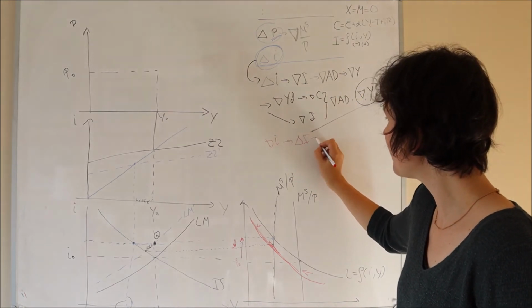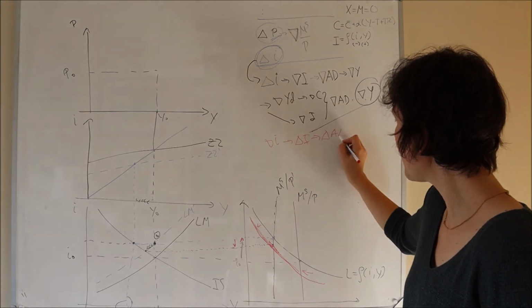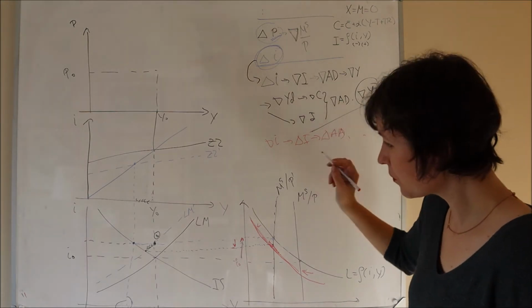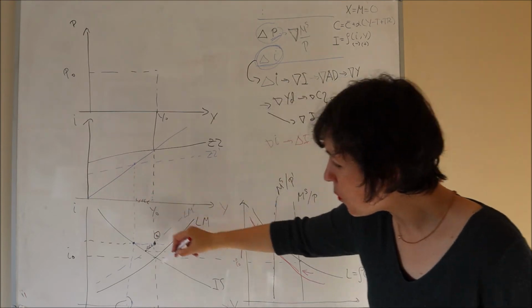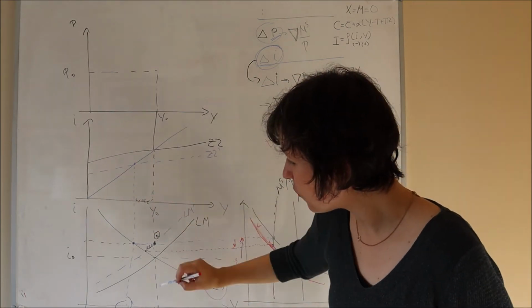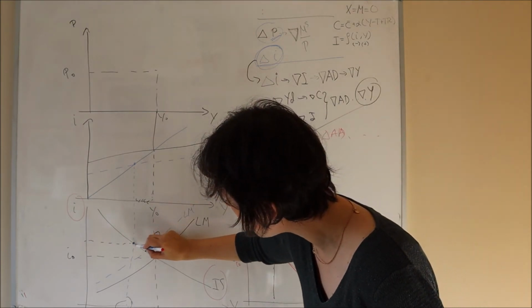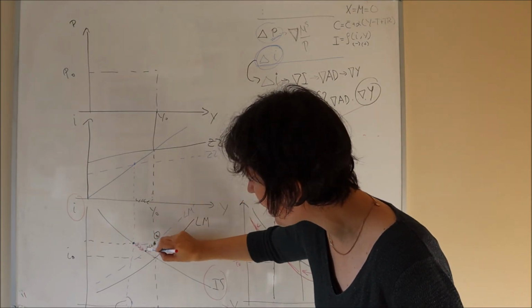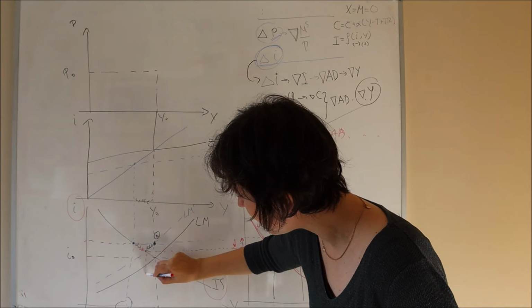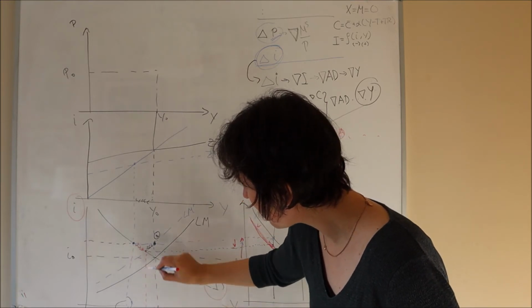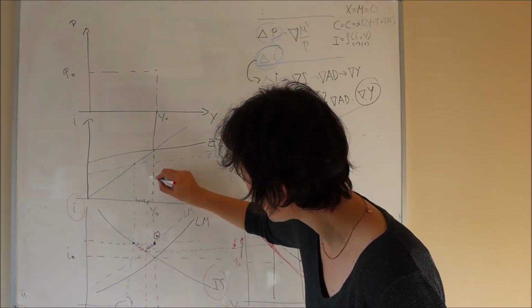Higher investment, higher aggregate demand, and so on. So we are going to move along the IS curve. The reduction of the interest rate is going to generate a new level of output. So I'm going to this place. And here is going to be the final result. So this level is going to be the final level of production.